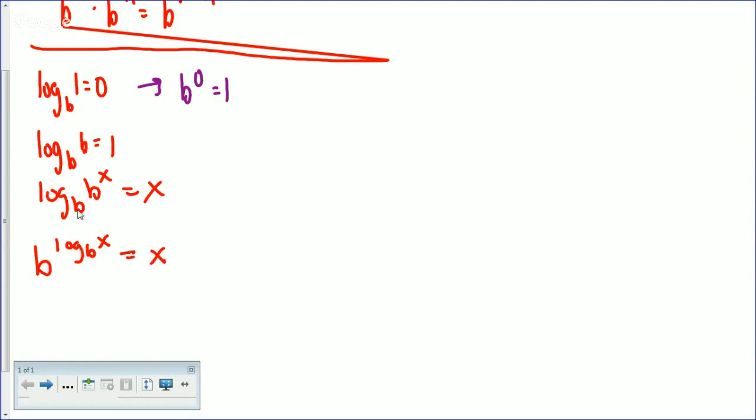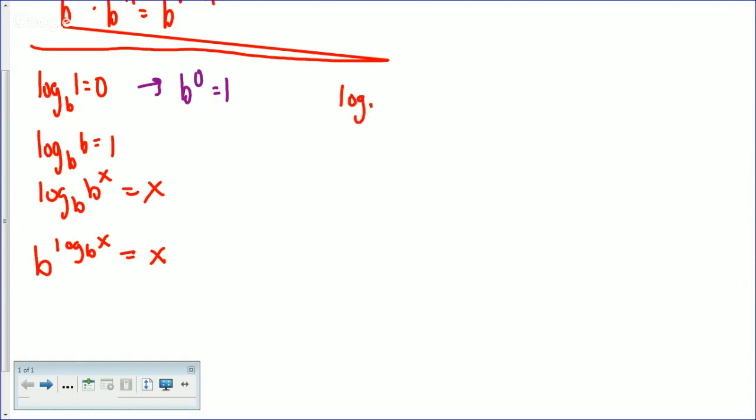What you're seeing here is that the base of my logarithm and the base of my exponent are canceling each other out. Remember, we said exponential and logarithmic are inverses of each other, so they go away. And the same thing down here. My base of the exponent and my base of the logarithm undo each other, so I'm left with x there.